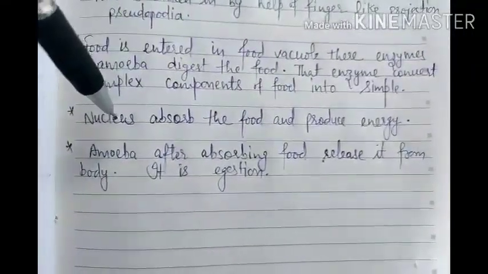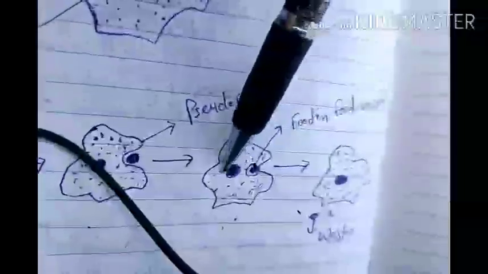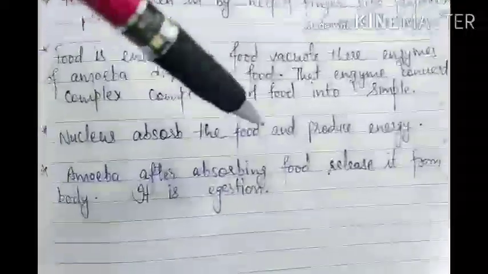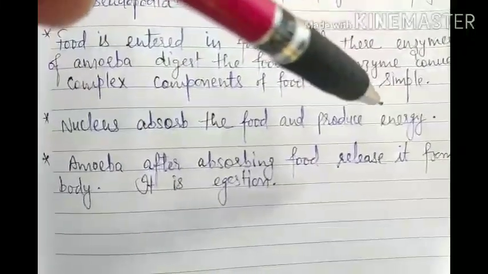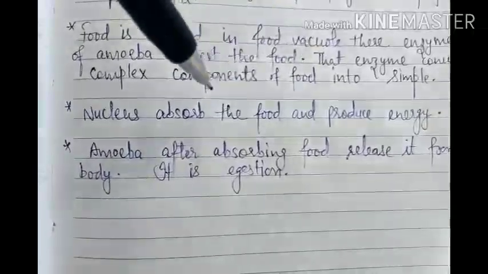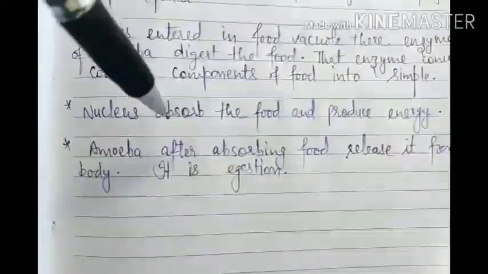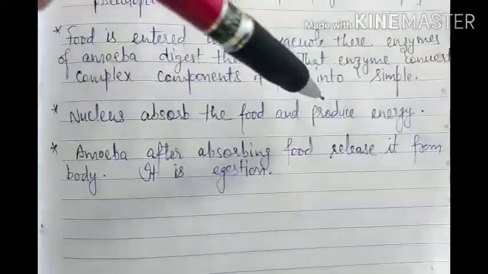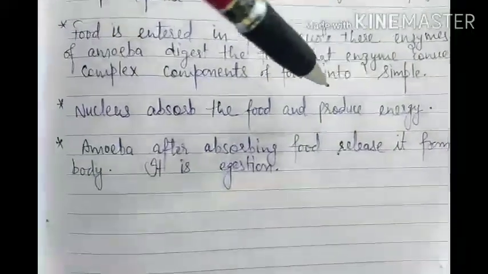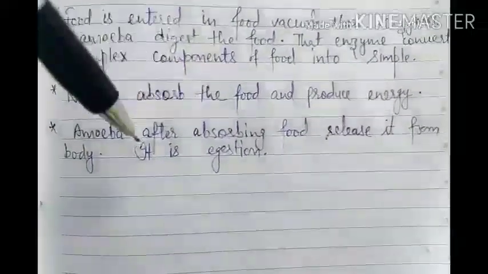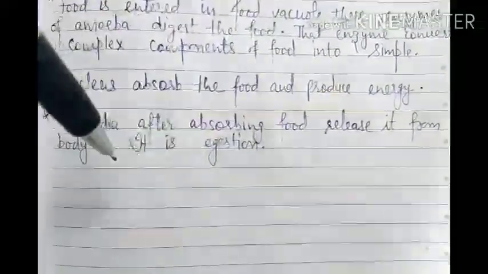Then third, the nucleus, this center point, as I told you, absorbs the food and produces energy. Because the food is converted into simple form now, the nucleus absorbs the food and whatever energy and nutrients there are. And then whatever waste is left, which is not digested by the amoeba, is released from its body.